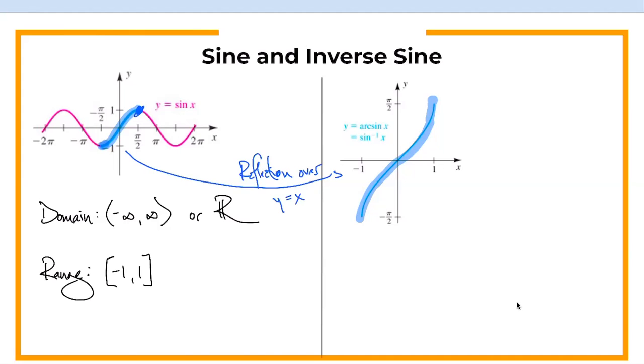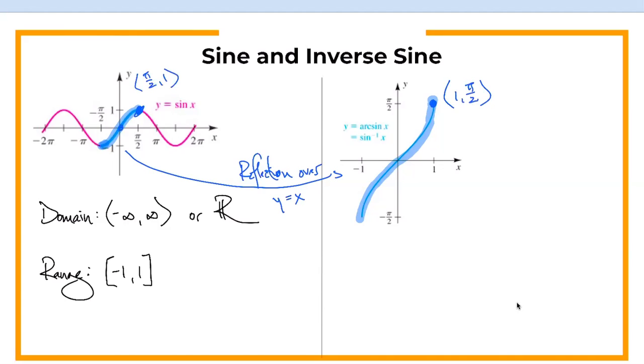Pi/2, 1. Yeah, exactly. Pi over 2, 1. So since we have this pi over 2, 1, when we switch the x and y values, the corresponding point on the inverse function should be 1, pi over 2, because we take the x and y values and we switch them. Okay?